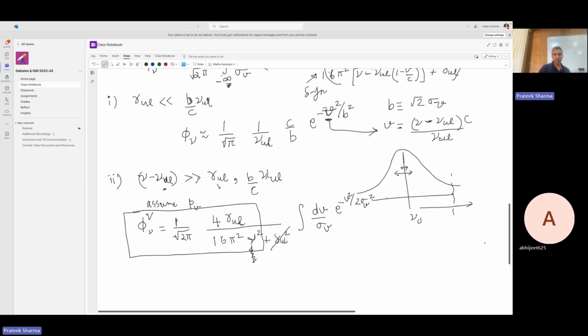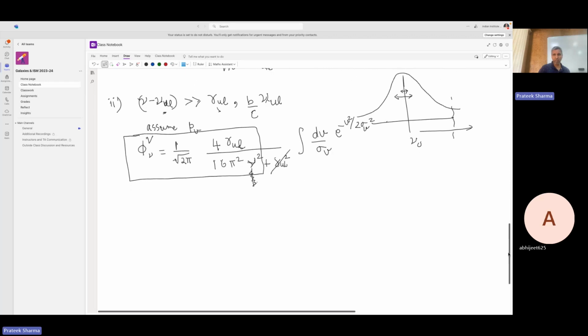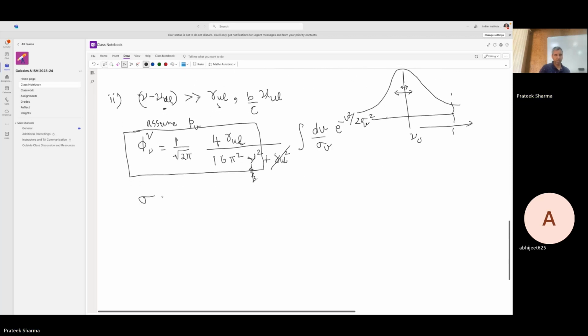In this case, this is your intrinsic profile, and your sigma is about pi E squared by ME C times FLU times 4 gamma UL by 16 pi squared nu squared.